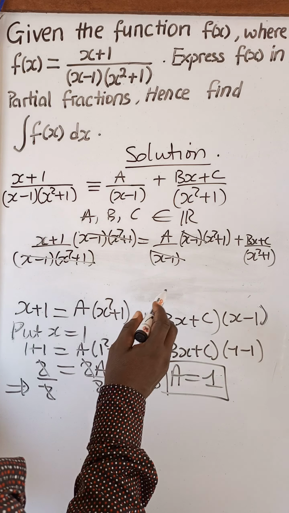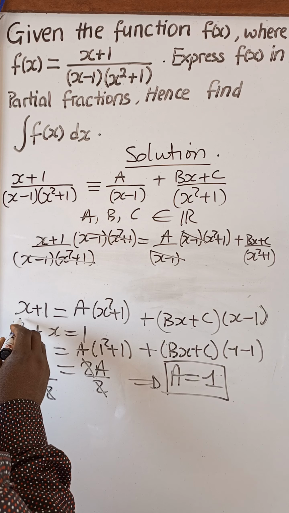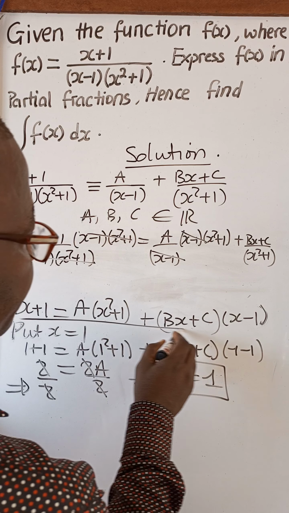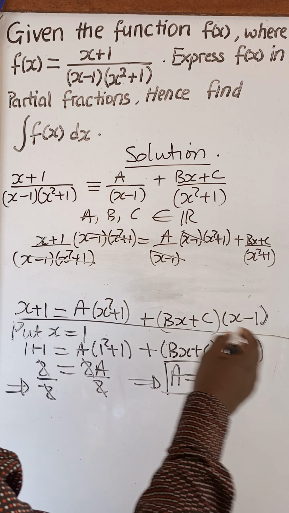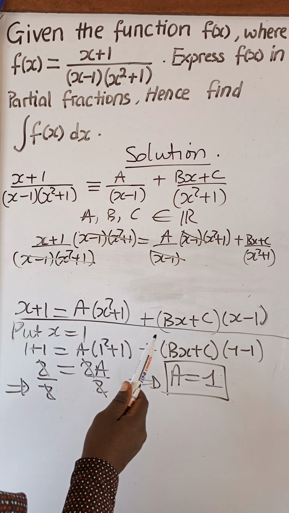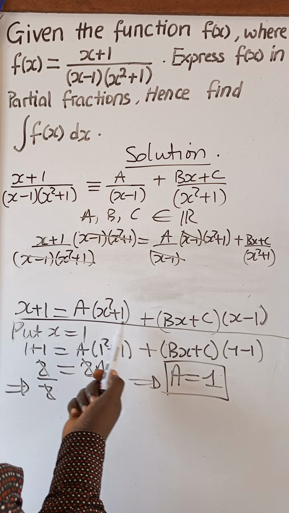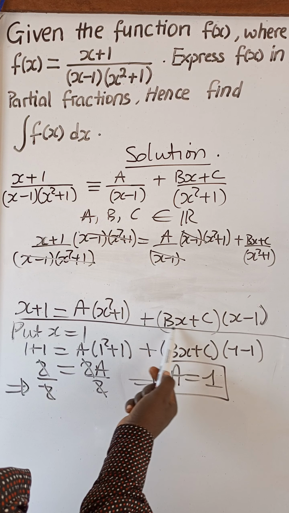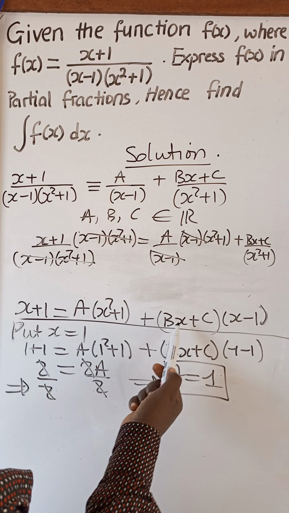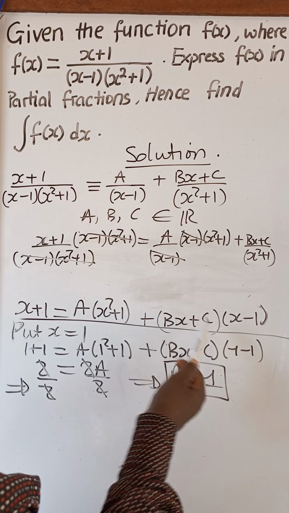Next, again, when we look at that expression, we'll see that if we put x to be, for example, 0, this is going to be 0, and we're going to have an expression in terms of a and c.